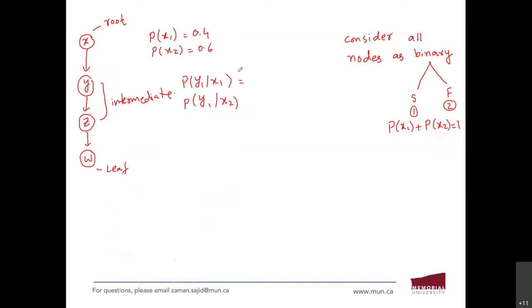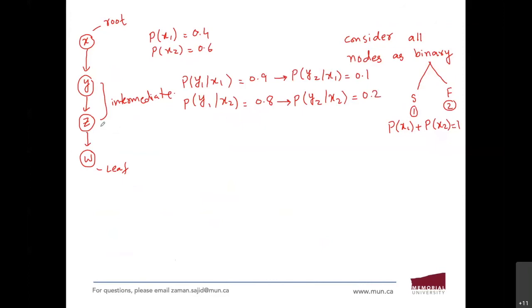If I'm given this value as 0.9 and this value is, suppose, 0.8, now I can easily calculate the other states here. I can find the probability of y2 given x1, that should be equal to 0.1. Similarly, I can find out the probability of y2 given x2, that is equal to 0.2.